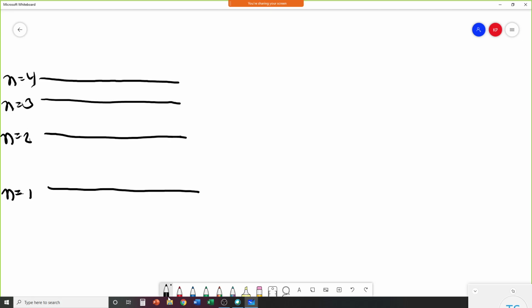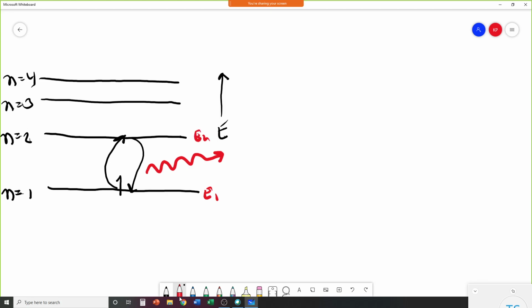And if you put an electron in these energy levels, and energy is going up, by the way, like that, and you jump, say, from here to there and back, then the energy that comes out is the difference between the energy of these two levels. You got E1, you have E2, and it's the difference between these two. And you have, let's say, red light come out.